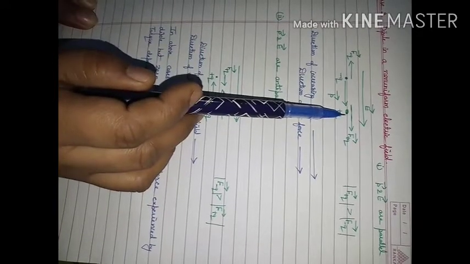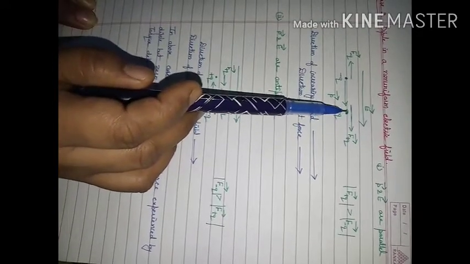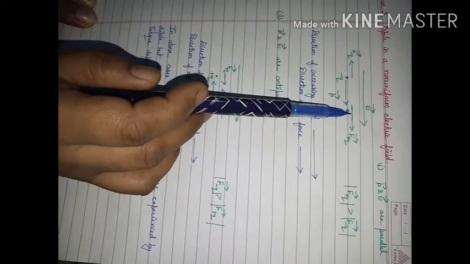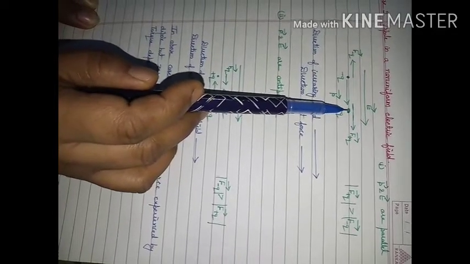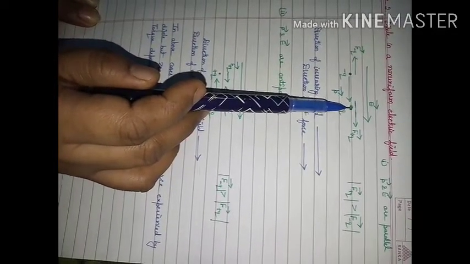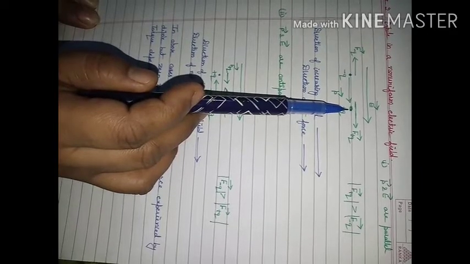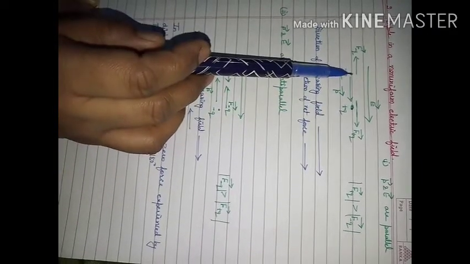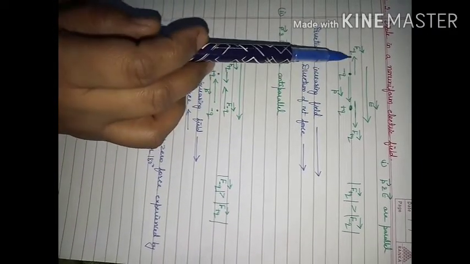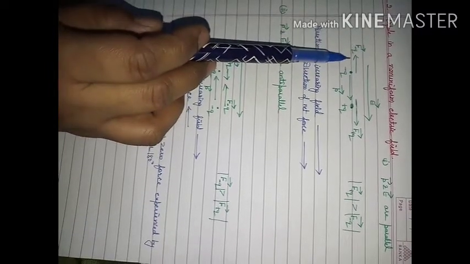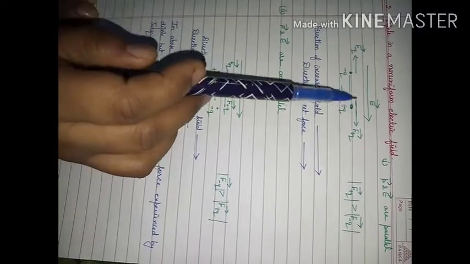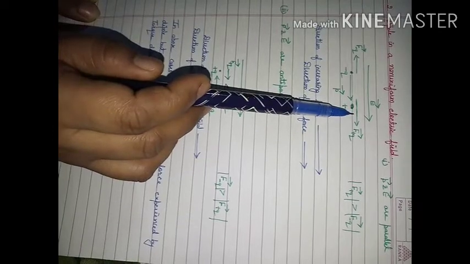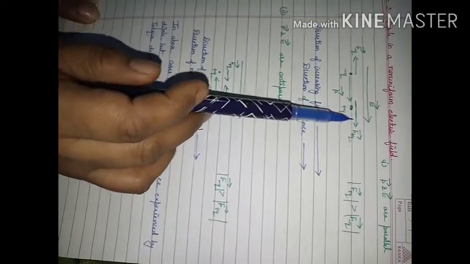Because what is force? Force is charge multiplied by the value of electric field intensity at that point. At this point, the value of electric field is more, so the force experienced will be more. Here, the value of electric field intensity is less, so the force experienced will be less. And both these forces are acting in opposite directions. Who will dominate now? This direction force will dominate.